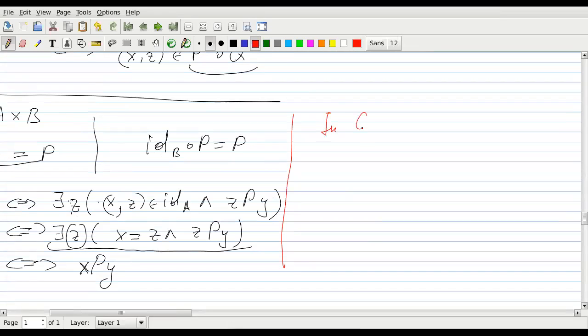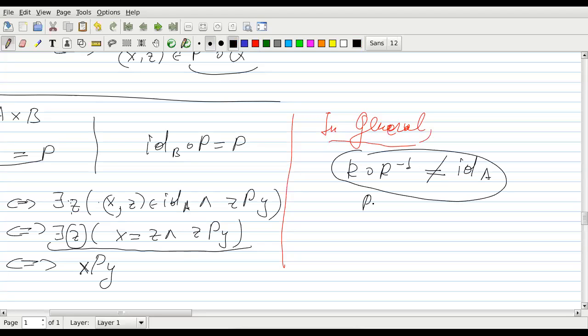But please be careful. In general, this composition is not equal to identity. Not this one.